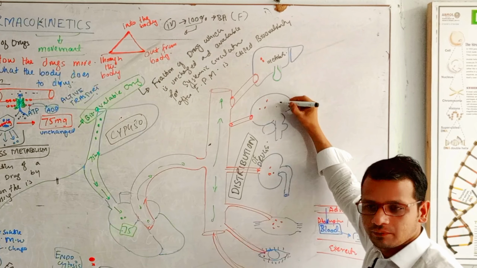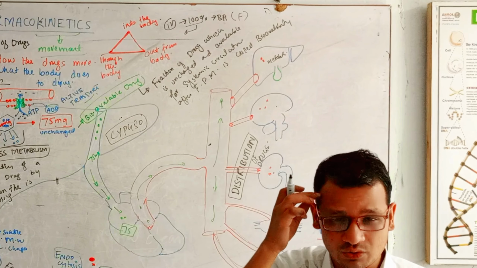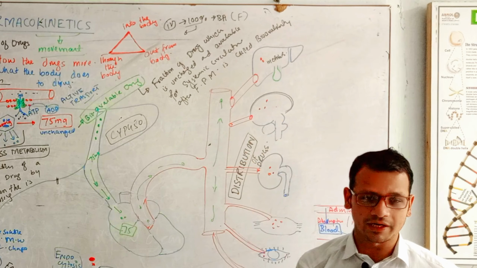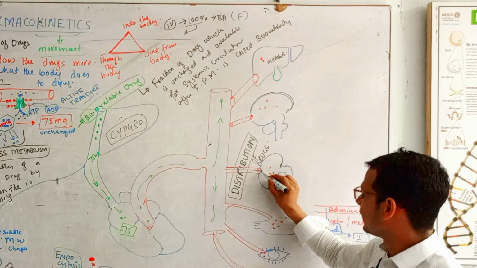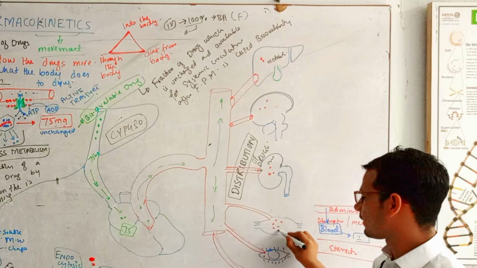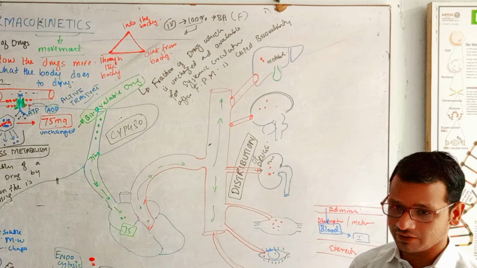In the brain, metabolism will take place, but only specific drugs can reach the brain, because the brain has a barrier which is called the blood-brain barrier, right? The kidney will get the drug, right, and metabolize it. Muscles, eyes, gastrointestinal system. This is called distribution of drug.